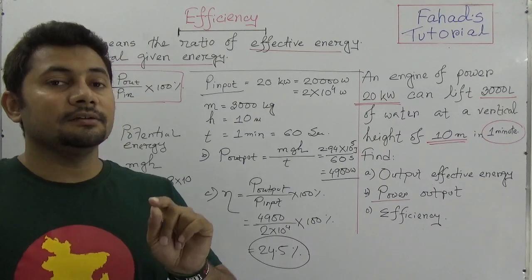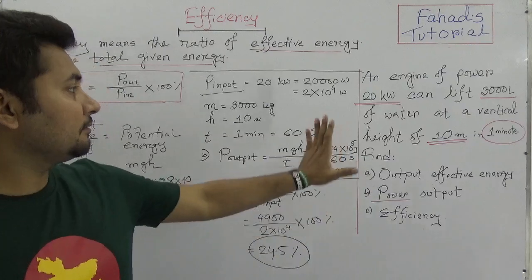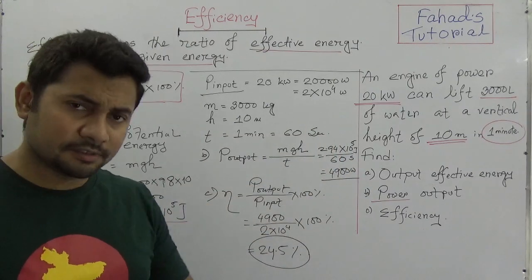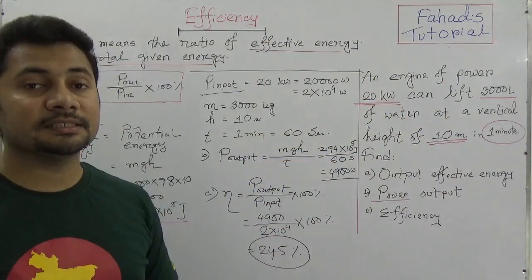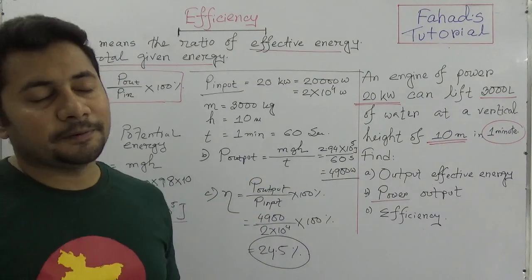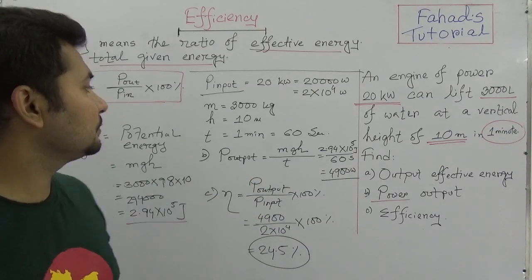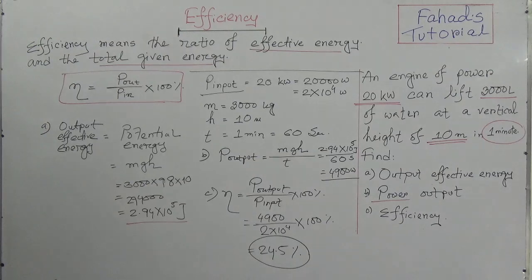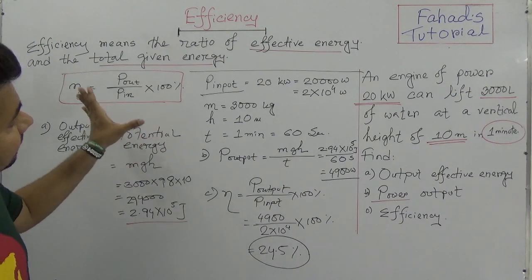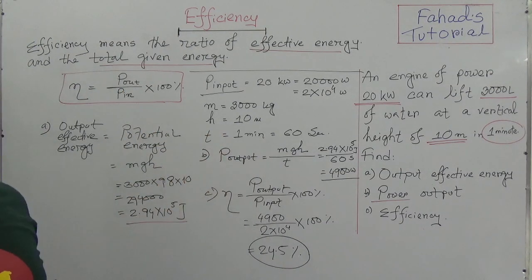You know that in your questions this type of mathematics is very common, and there are some other, more critical levels of mathematics that I shall be solving in the next level. I hope I could make you understand finding the efficiency and efficiency related mathematics.